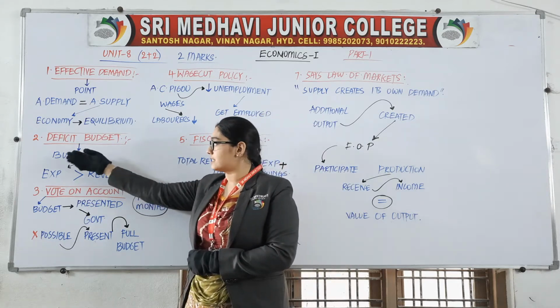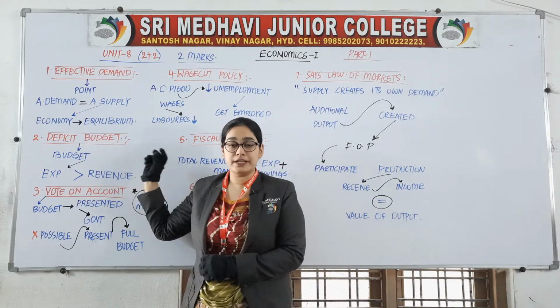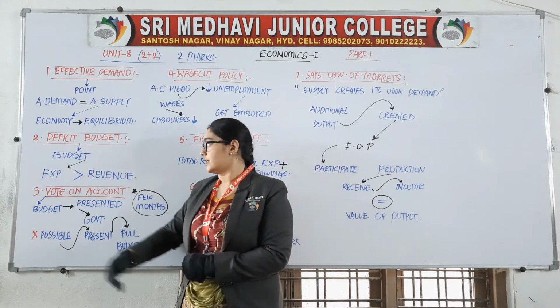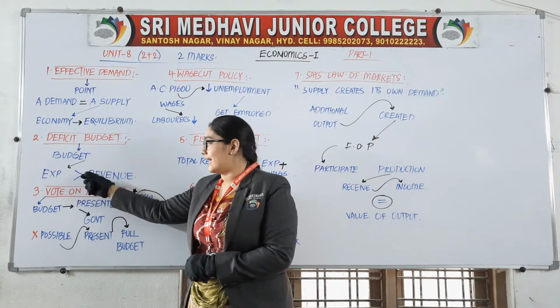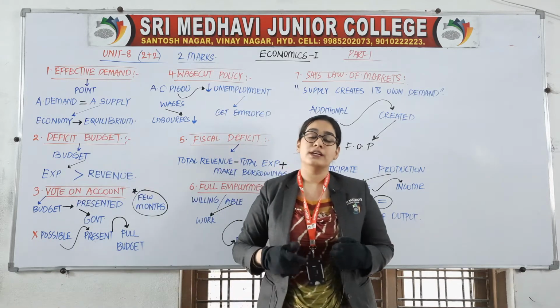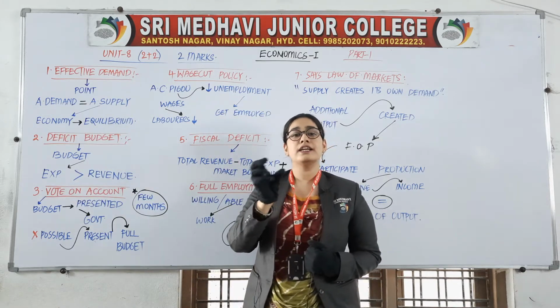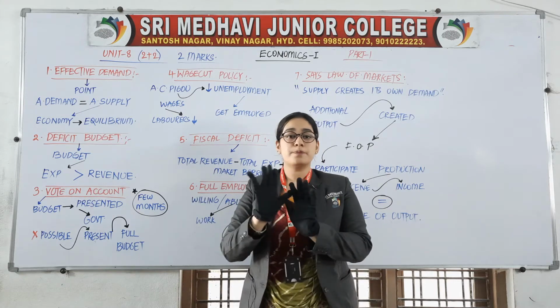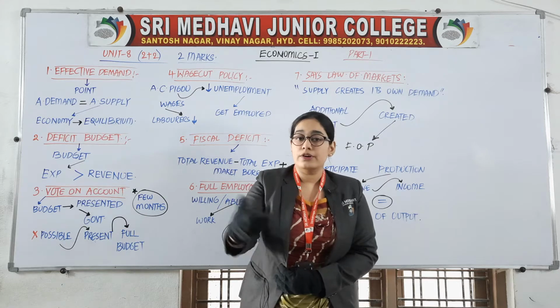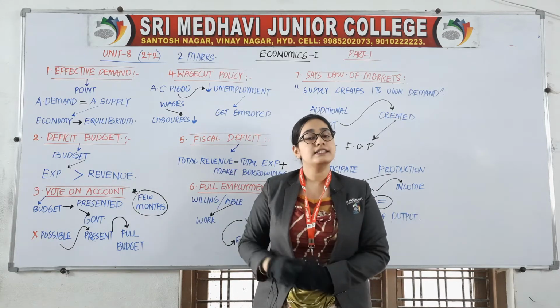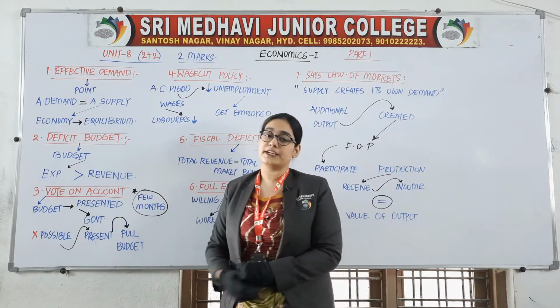The second one is deficit budget. So the budget in which the expenditure exceeds revenue. Deficit is nothing but a kind of loss. It is not a profit. Whenever our expenses are more than our incomes, it is termed as deficit budget.